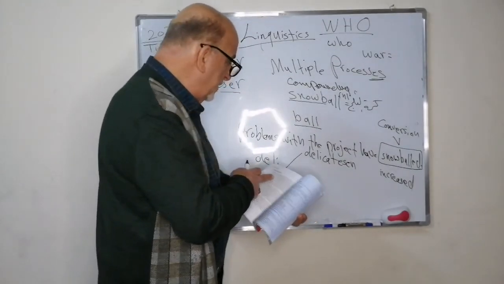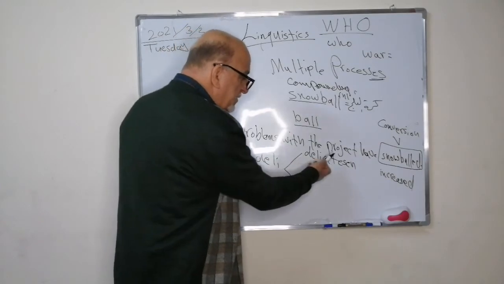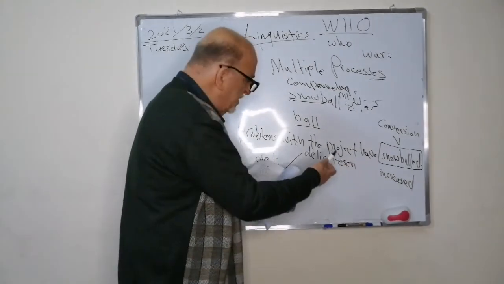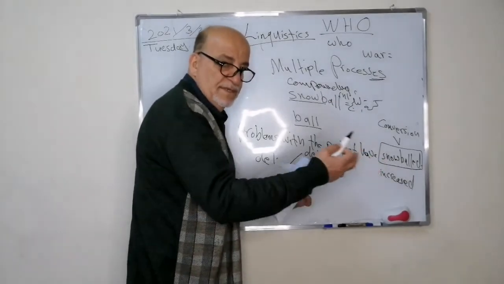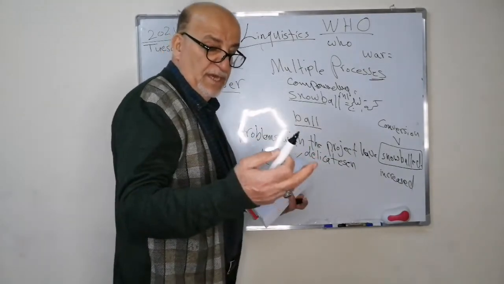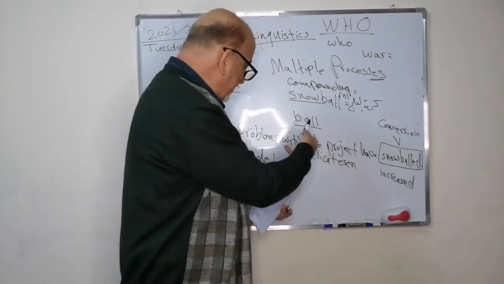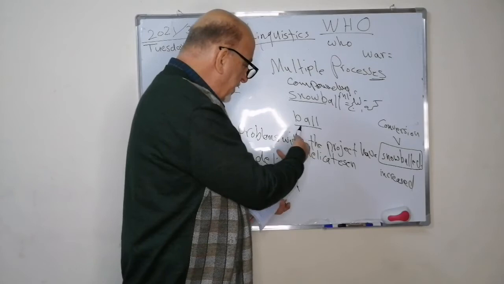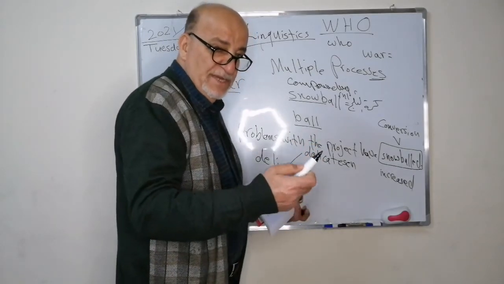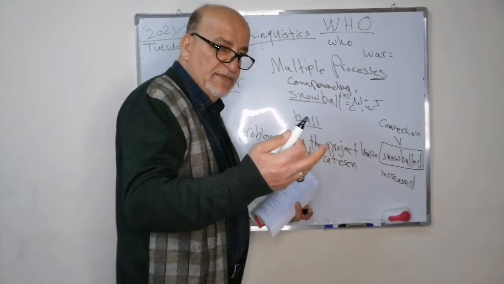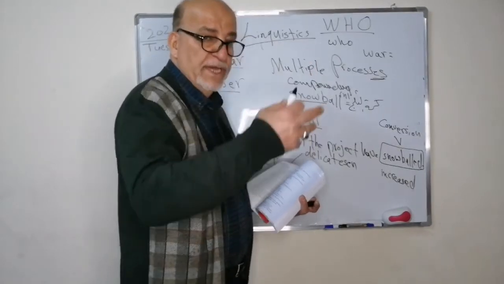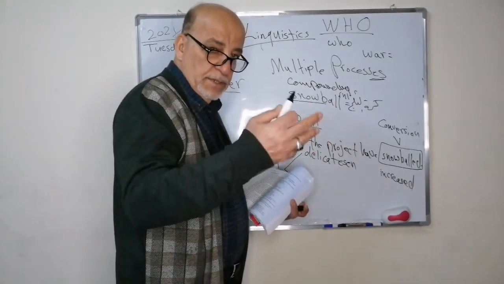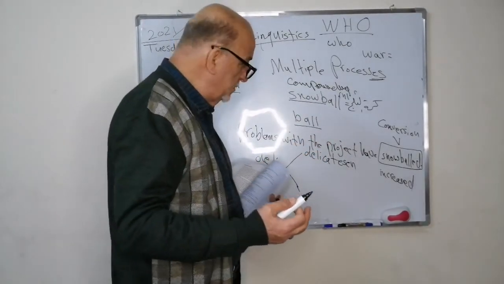So deli is already delicatessen. It means a shop that sells things. One of the meanings of the word delicatessen is a shop that sells meat or cheese from other countries, meaning they are imported.